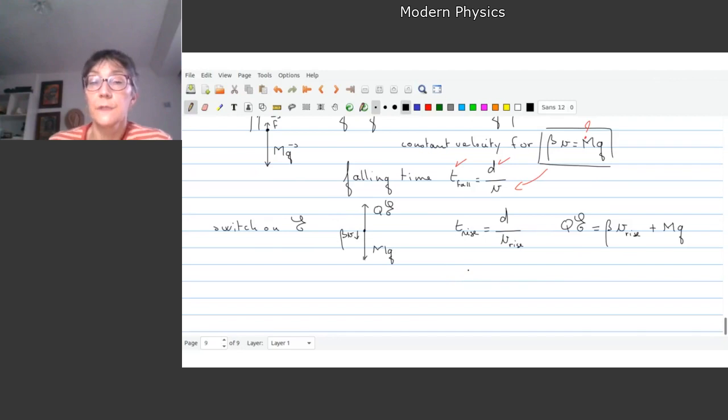Let me see if this is the same. Okay, so you will have Q, which is an integer number of the elementary charge, okay, which will be a function of T rise, T fall, okay.